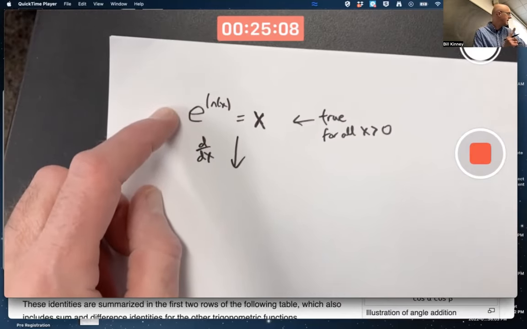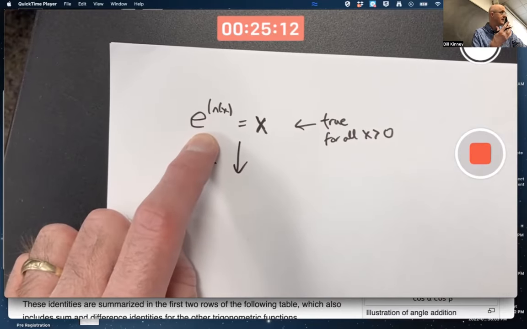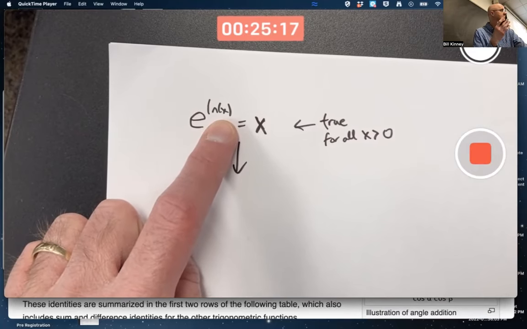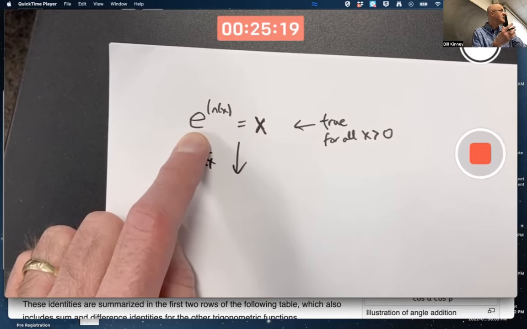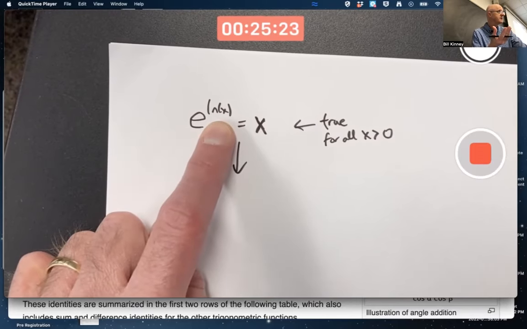This is a function composition. There is an inside function, ln of x, and an outside function, e to the x. When you plug a number into x here, you take the natural log first, and then you take e to that number that you get out from the natural log function.